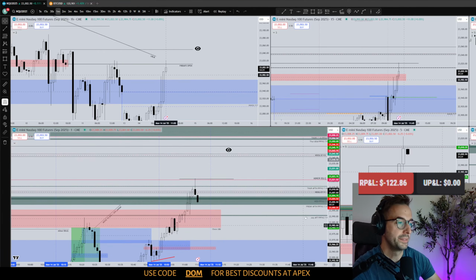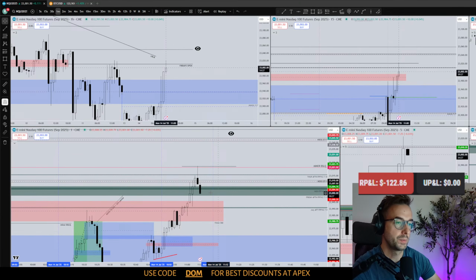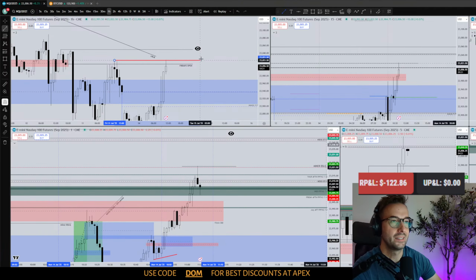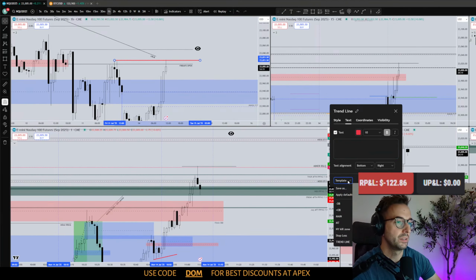Right now it's pushing into Wednesday's first presentation, Friday's afternoon first presentation, support levels. We will see if they get broken. Technically, I see this as still relatively equal. It's not a trend line.